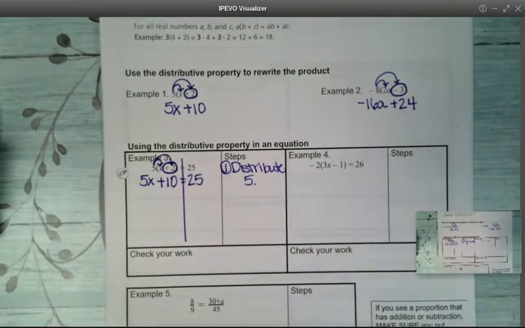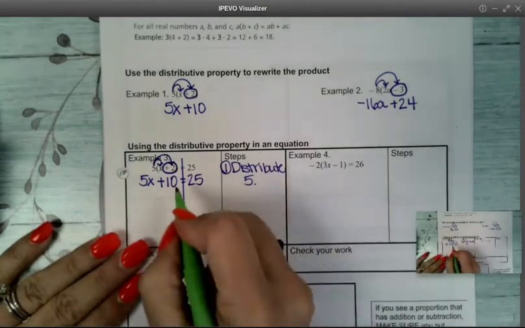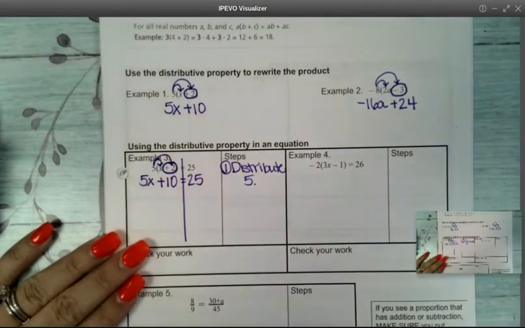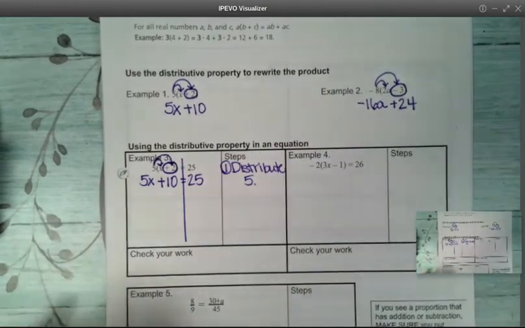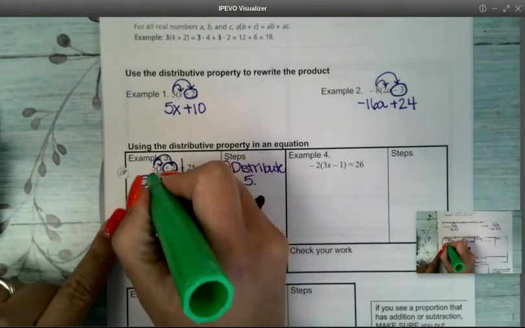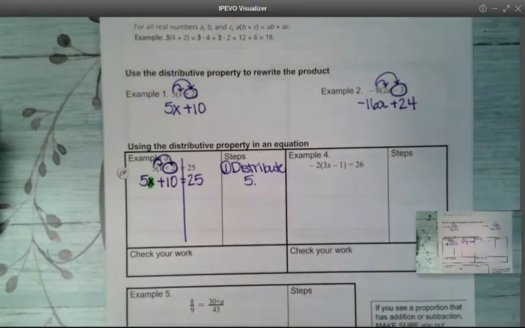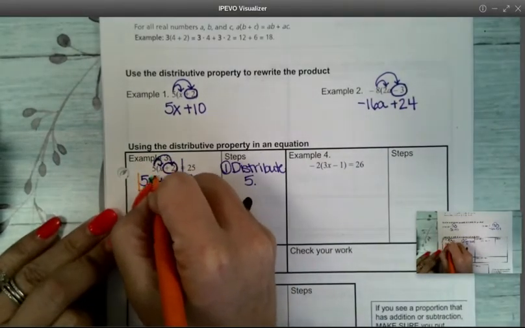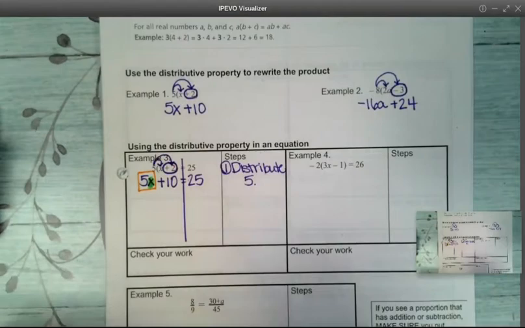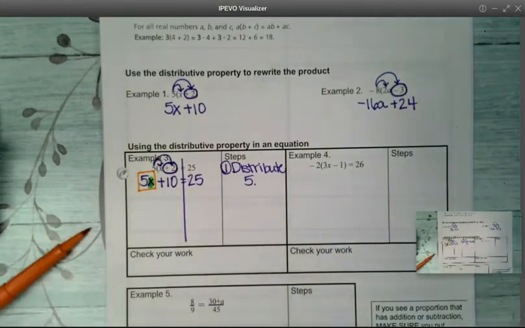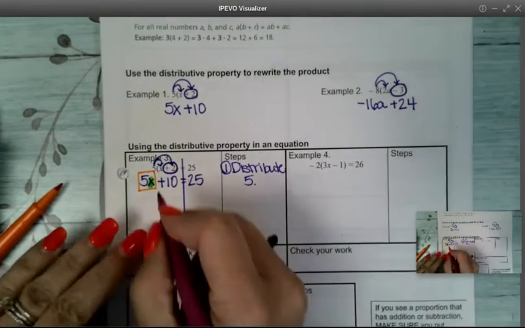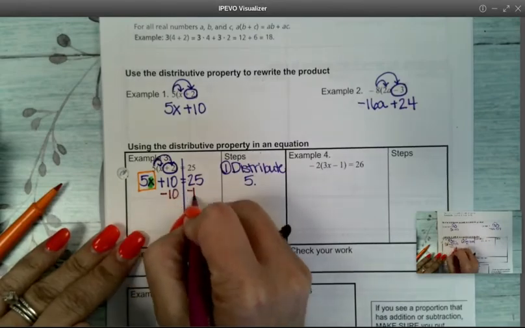Now, the next step in this process is to get rid of this plus 10 because our ultimate goal is to get the x by itself. And right now, attached at the hip is the 5. So we need to get rid of everything that's not in this orange square, which is the positive 10. To get rid of that positive 10, we have to do the opposite, which is to subtract 10 on both sides.